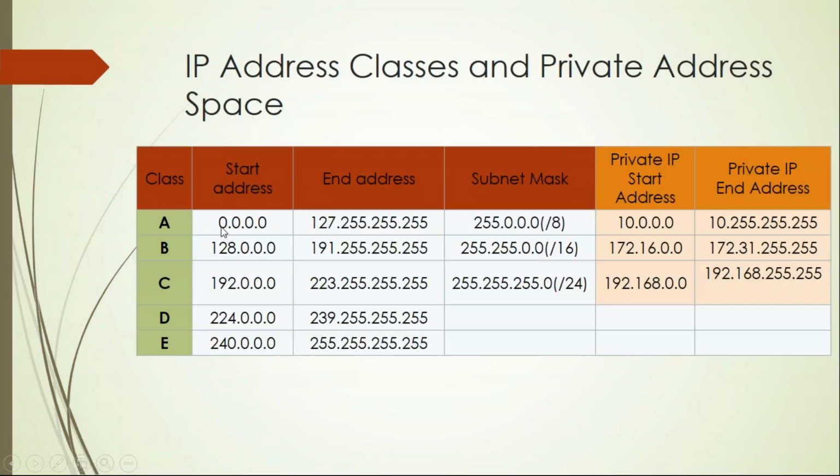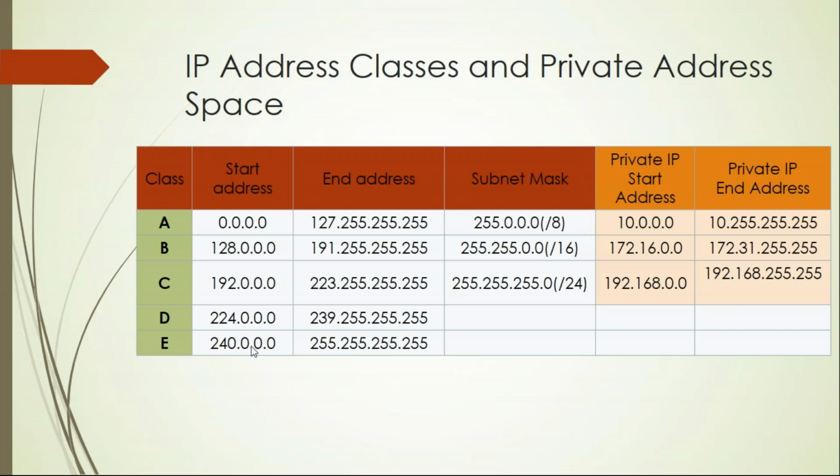As I said, the range starts from 0.0.0.0 to 255.255.255.255, and this range has been divided into classes. There are 5 classes. The last one, class E, is not used. It is only for R&D purposes.